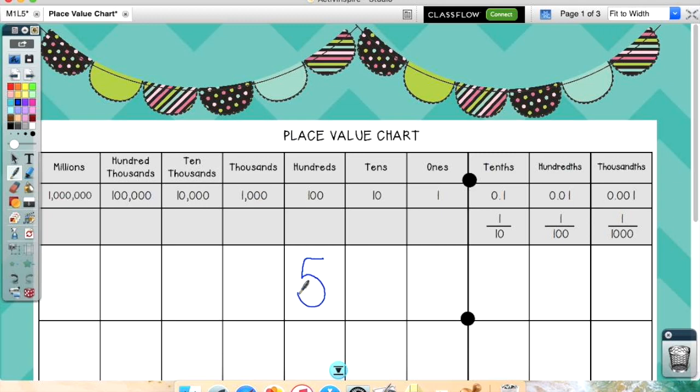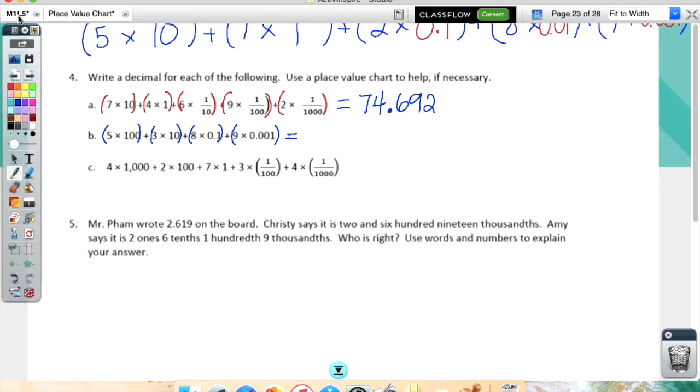Then there's a 3 in the tens. What comes next? A 0, very good. Now what? An 8 in the tenths. What comes next? Okay, and then what? All right. So what is this number? 530 and 809 thousandths.